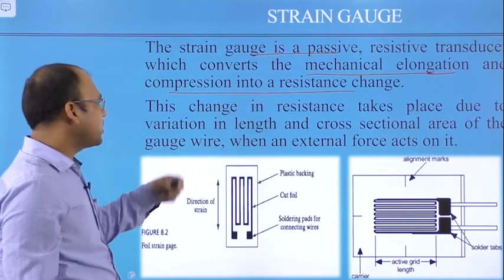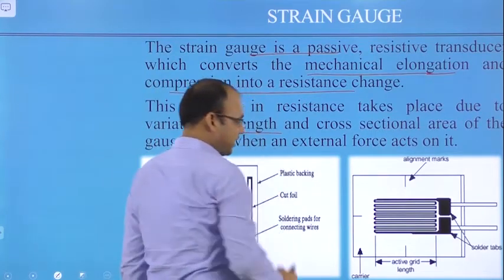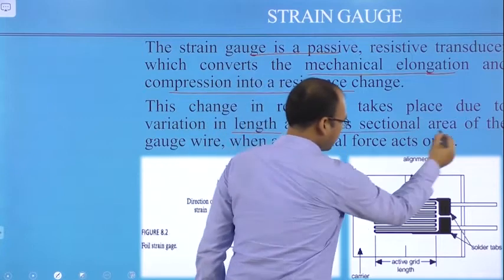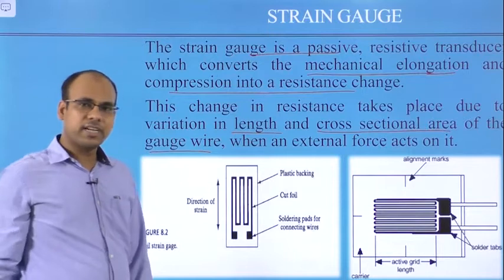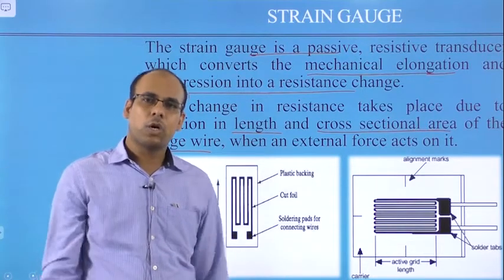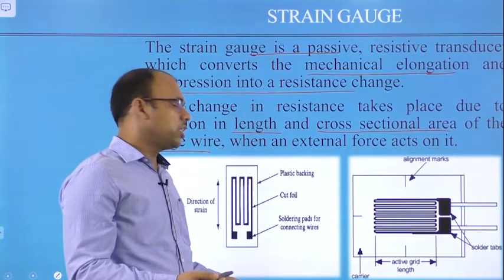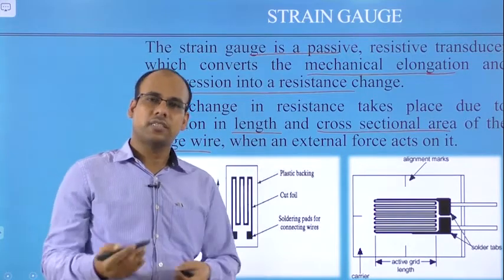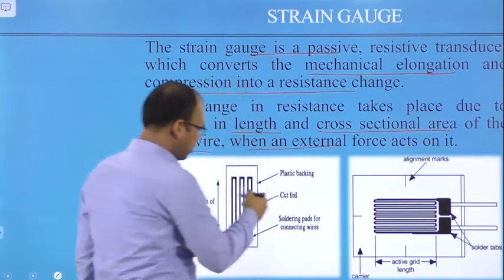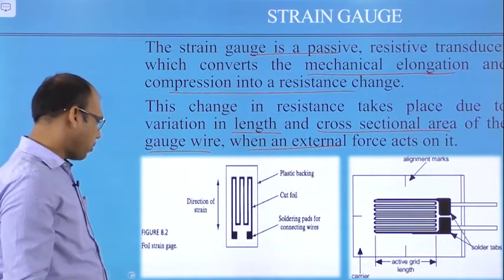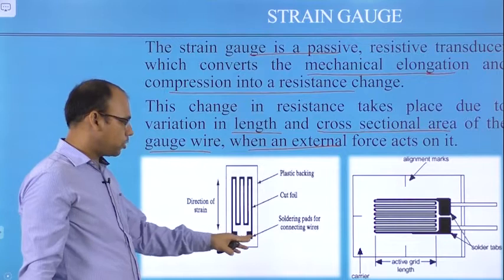The resistance change takes place due to the variation of the length and the cross-sectional area of the gauge wire. Here we are taking a special kind of material whose parameter changes with the change of area or length whenever an external force is applied. See here in the picture, common strain gauges are applied here, and as you see we have two knots.